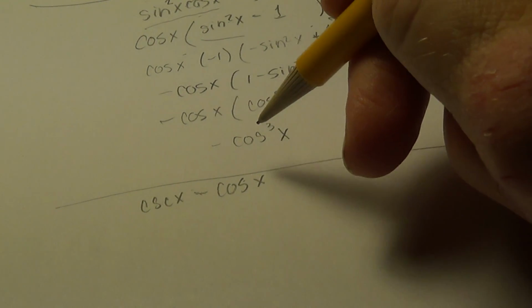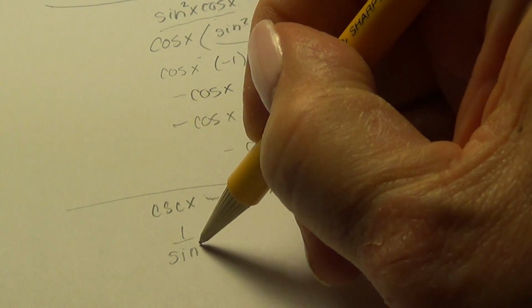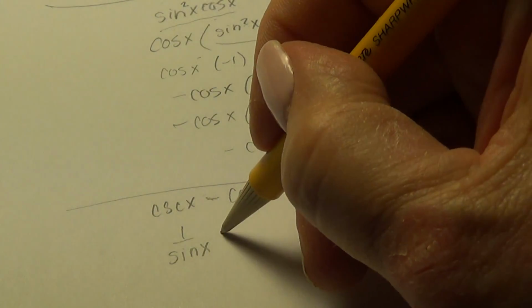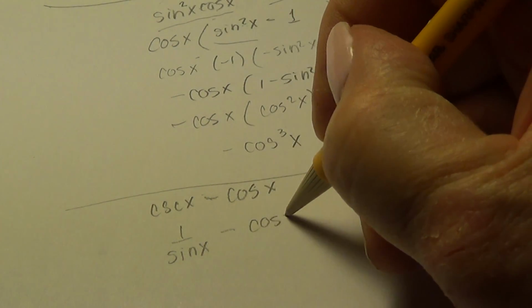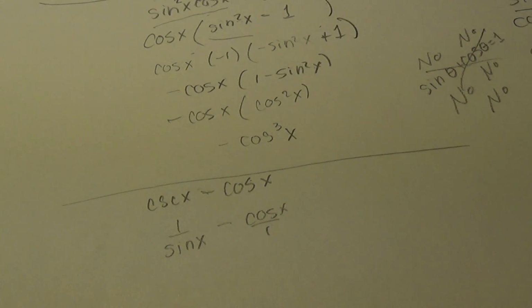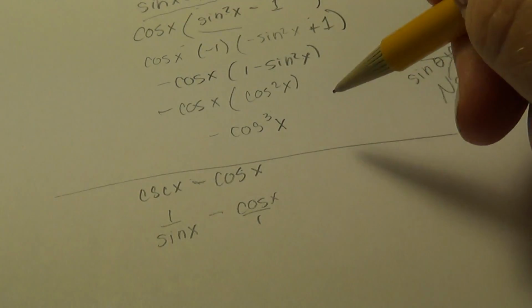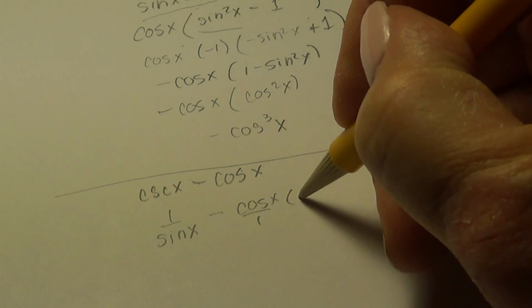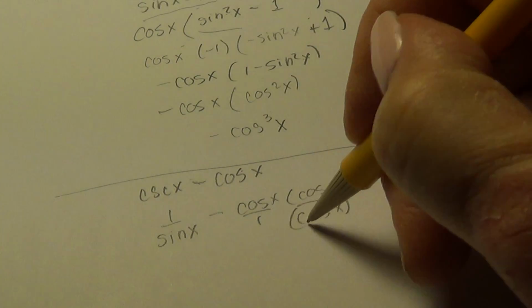So first of all, I'm going to change it to sine and cosine. So cosecant is the flip of sine. So I can write cosecant as 1 over sine. And this has the denominator of 1. So I want to give this the same denominator so I can combine them. And when I do that, I'm going to multiply this by cosine x over cosine x.